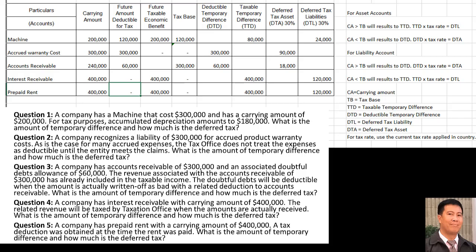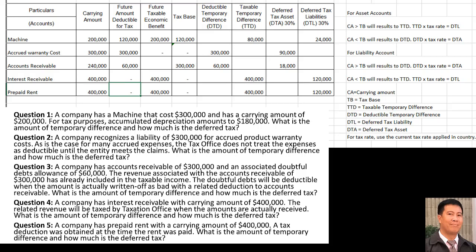Question number 2 says, a company recognizes a liability of $300,000 for accrued product warranty costs. As is the case for many accrued expenses, the tax office does not treat the expense as deductible until the entity meets the claim. Now, accounting said we will recognize expense: debit expense, credit accrued warranty expense.